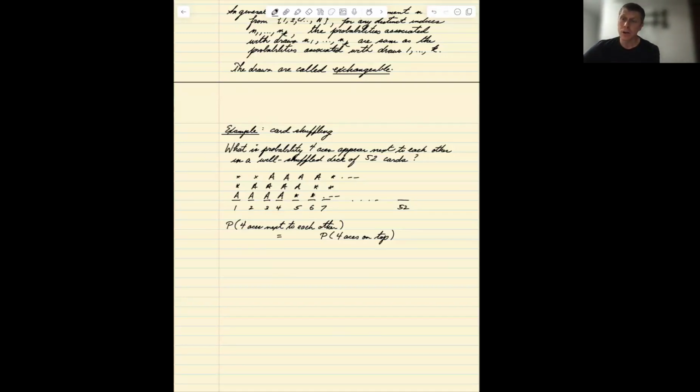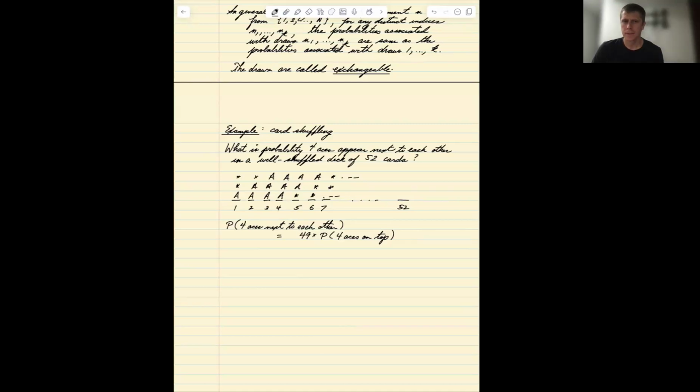And how many possible are there? Well, the first ace can appear in the first position, second position, third position, up to the 49th position, because there's 52 cards. If the last four cards are aces, then it would be 49, 50, 51, and 52. There's 49 different ways for this to happen. They all have the same probability, and that probability is that the four aces are on the top.